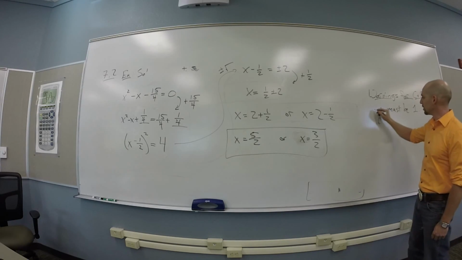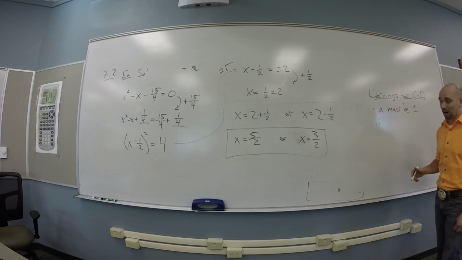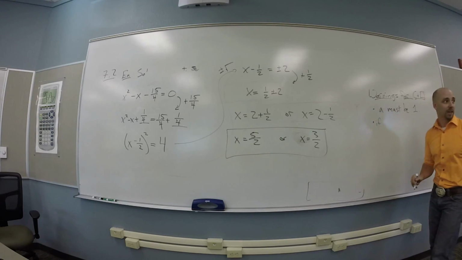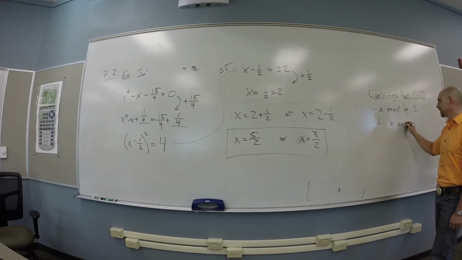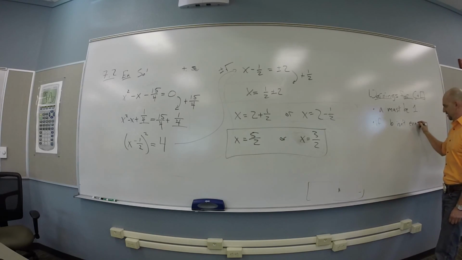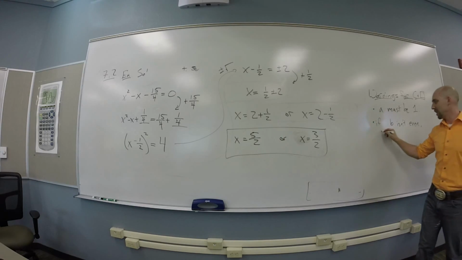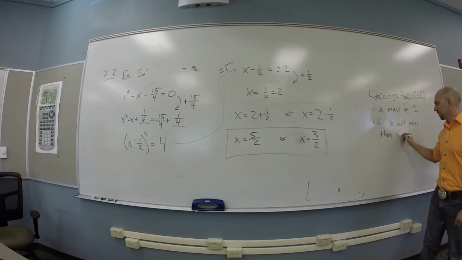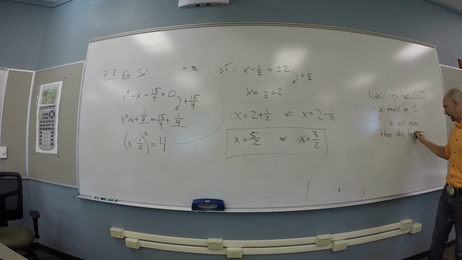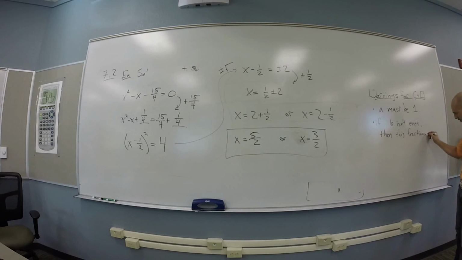So maybe our second warning should be: if b isn't even, then life is going to be hard. Then this is fractiony and hard. Cool? Not impossible, but hard. Cool? Alright, so that's completing the square for you.